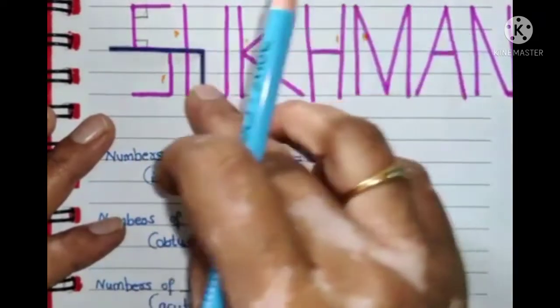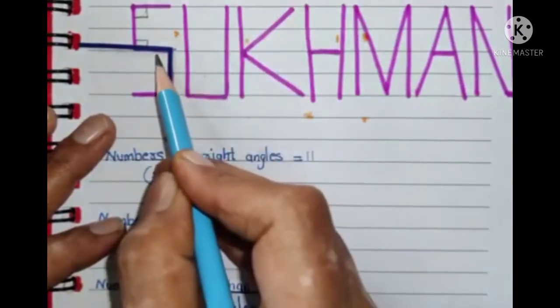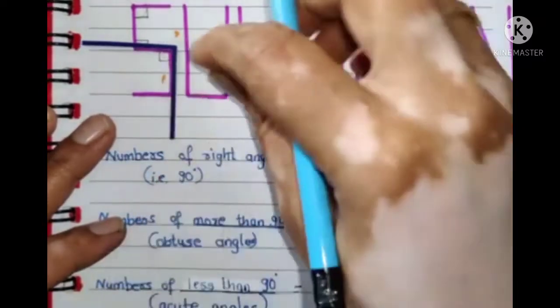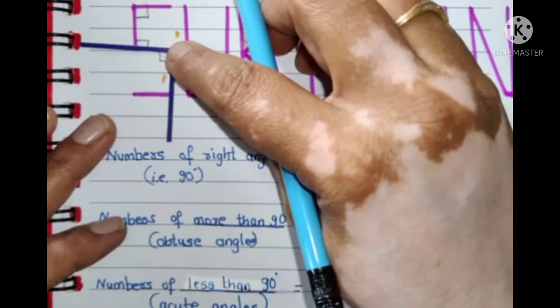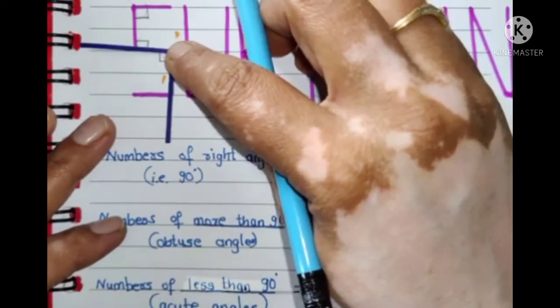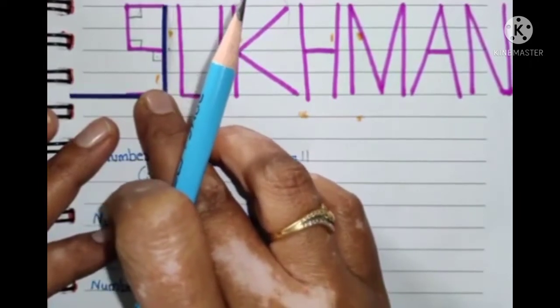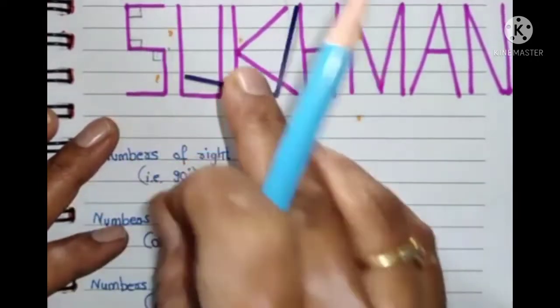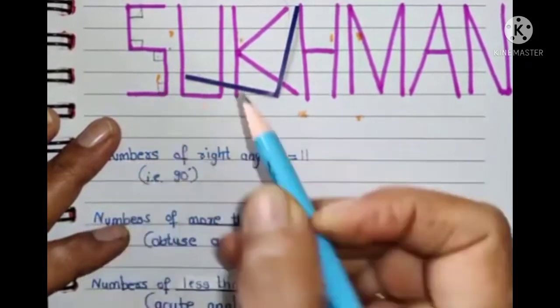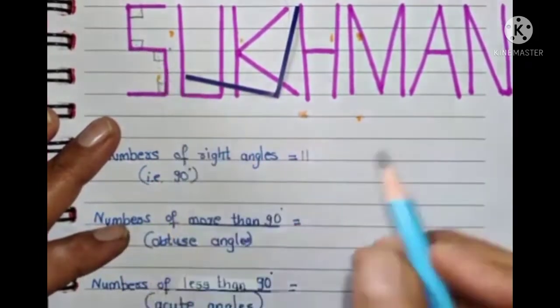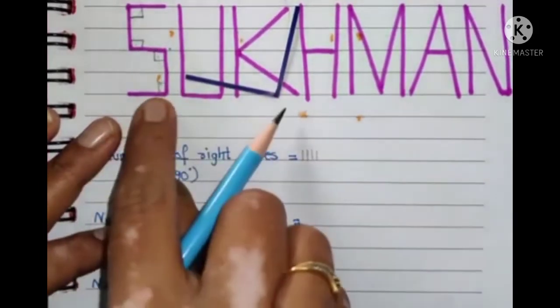Now let us confirm. This angle is actually overlapped by the blue one completely. You cannot see the S line at all. And this also is completely overlapped, right? And we are getting this right angle. So how many did we get? 1, 2, 3, 4 up till now from the letter S.